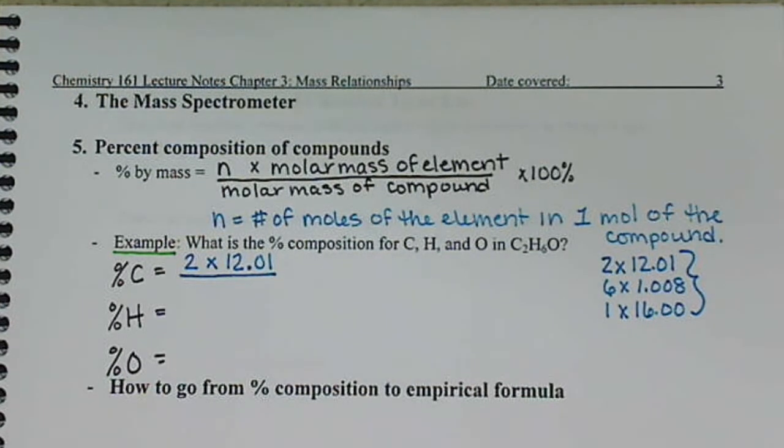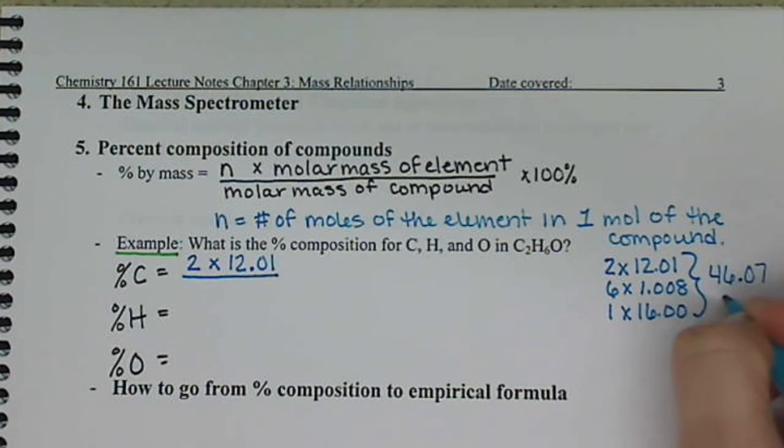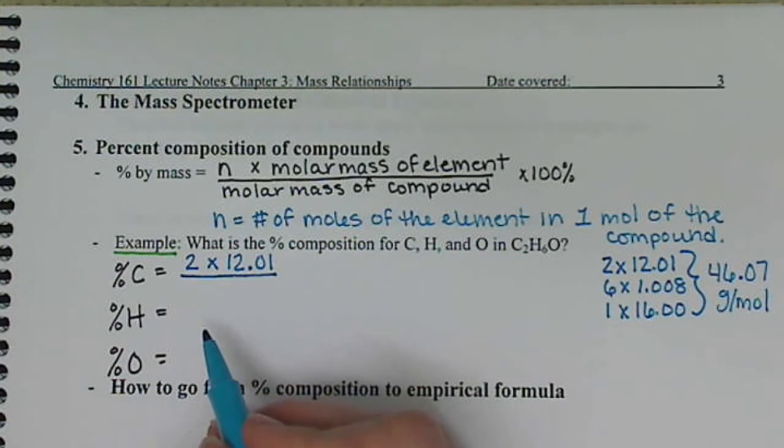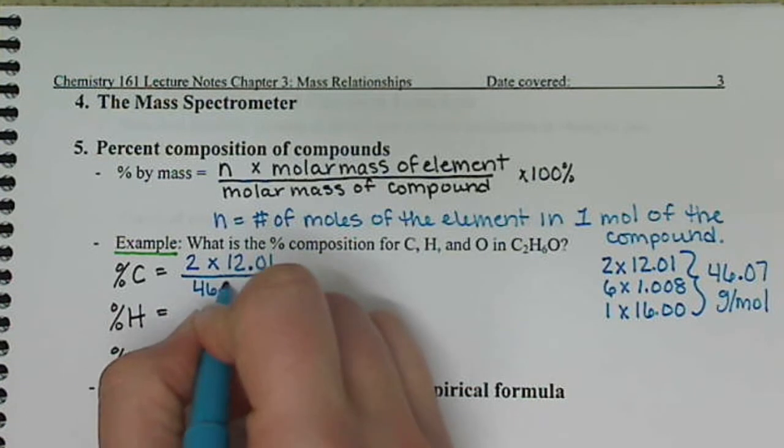We add all of this together, and we should get 46.07 grams per mole. So each of our calculations over here, we're going to be dividing by 46.07.